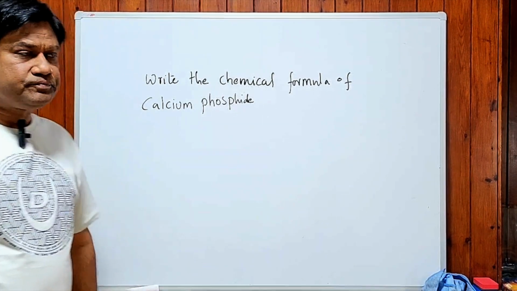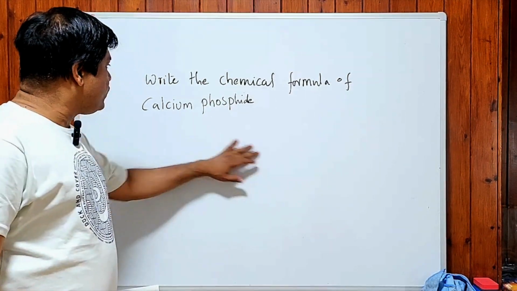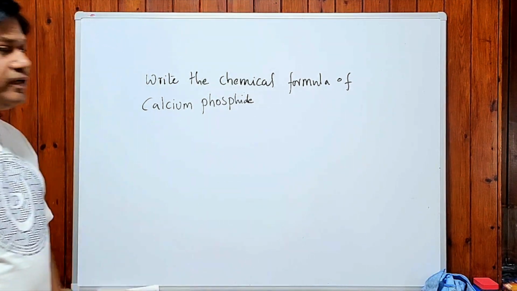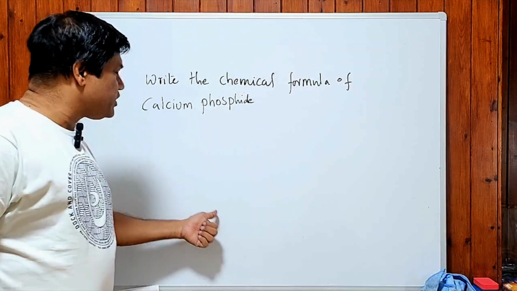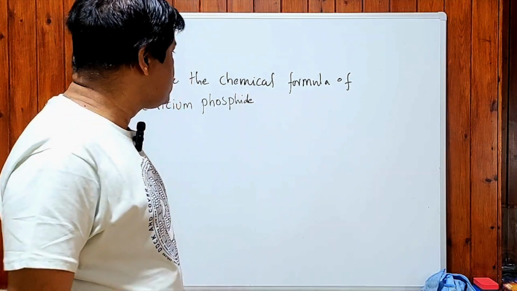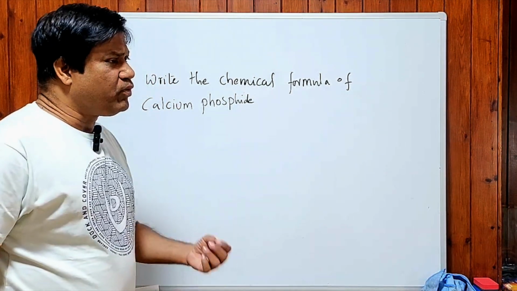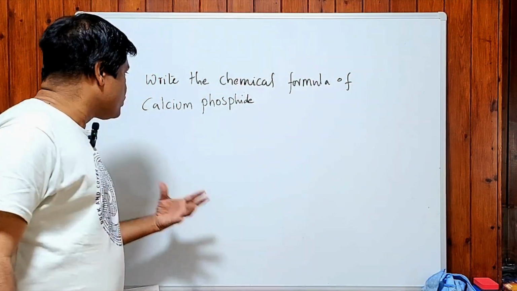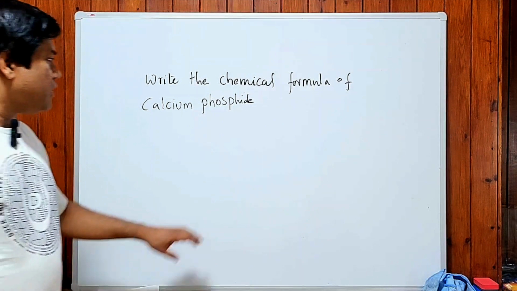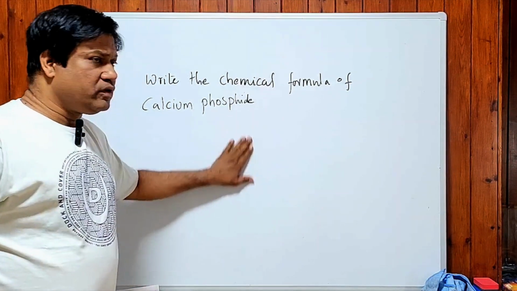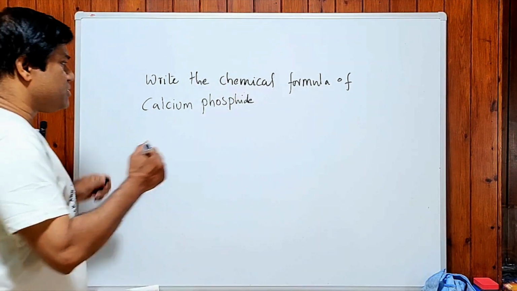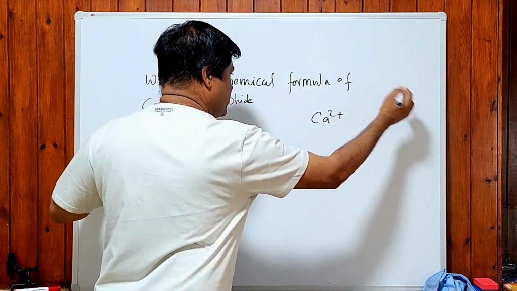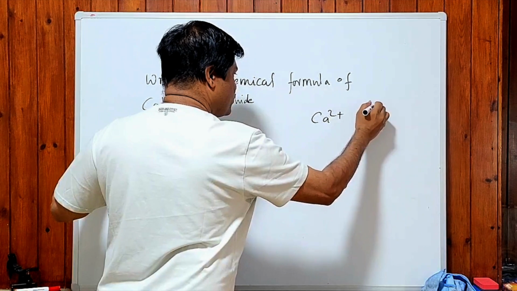Look at this question. Can you do that question? Write the chemical formula of calcium phosphide. Which element has been oxidized? Which element has been reduced? Name the type of chemical bond present in calcium phosphide. Okay, you want to try it? So look at the calcium. Calcium is in group 2, Ca2+. Phosphorus is in group 5, gains 3 electrons.